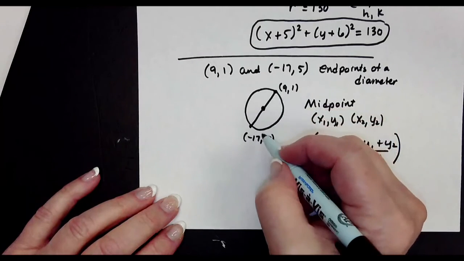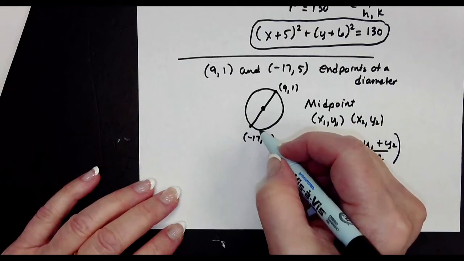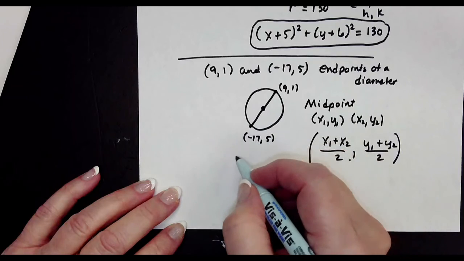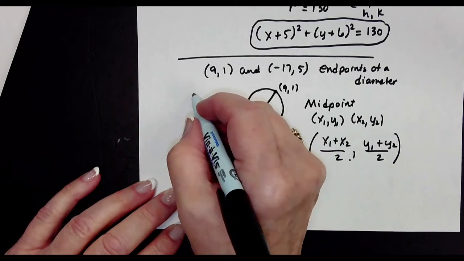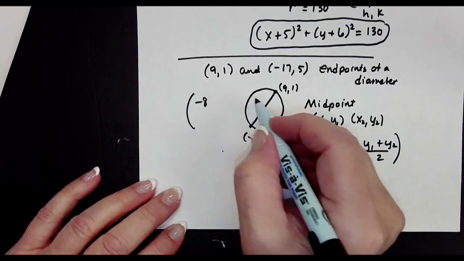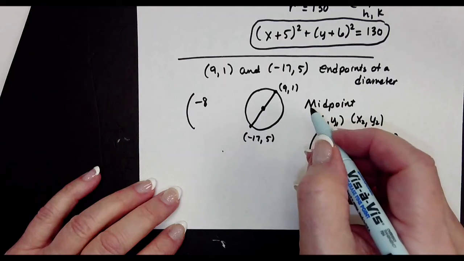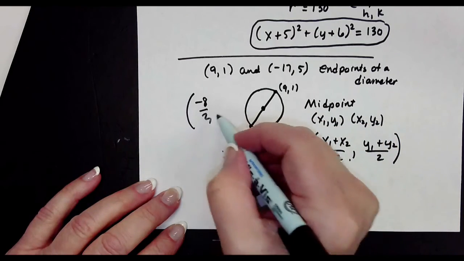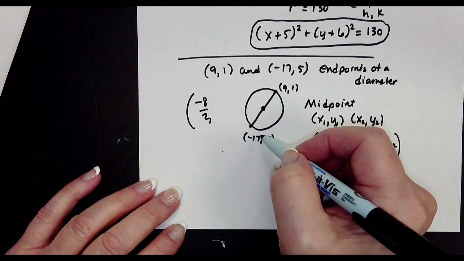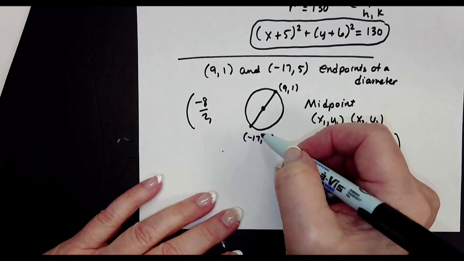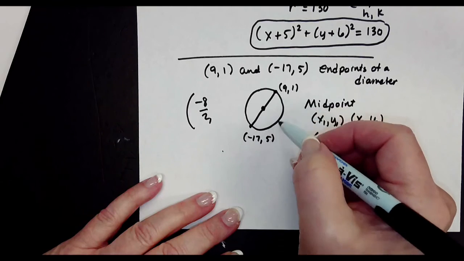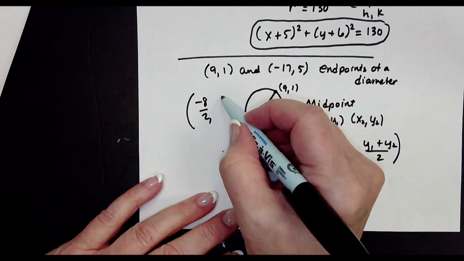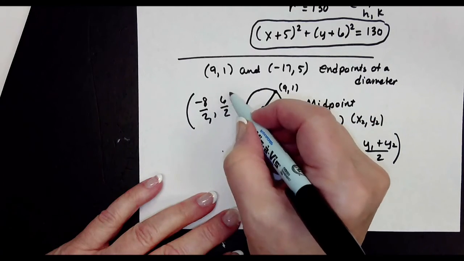So 9 plus a -17 gives me -8. Divided by 2 though, right? So -8 divided by 2. 1 plus 5 gives me 6 divided by 2.